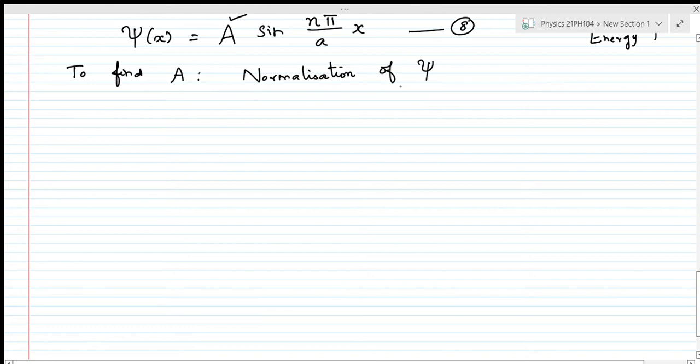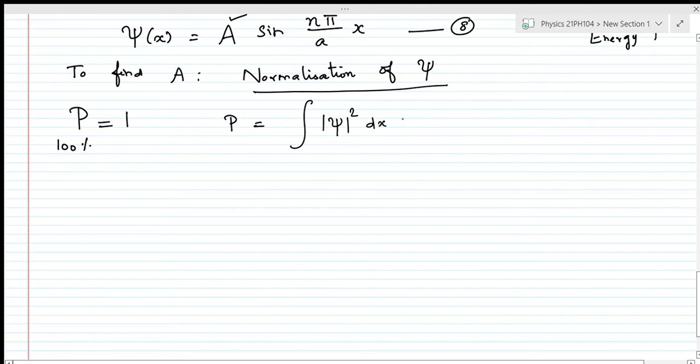Since the particle is definitely present inside the box, the P value should be taken as 1. We know that the probability value is 1 when the particle is 100% surely present in the box. So P is equal to, for the one-dimensional case, the formula is the single integral of mod psi square dx is equal to 1.